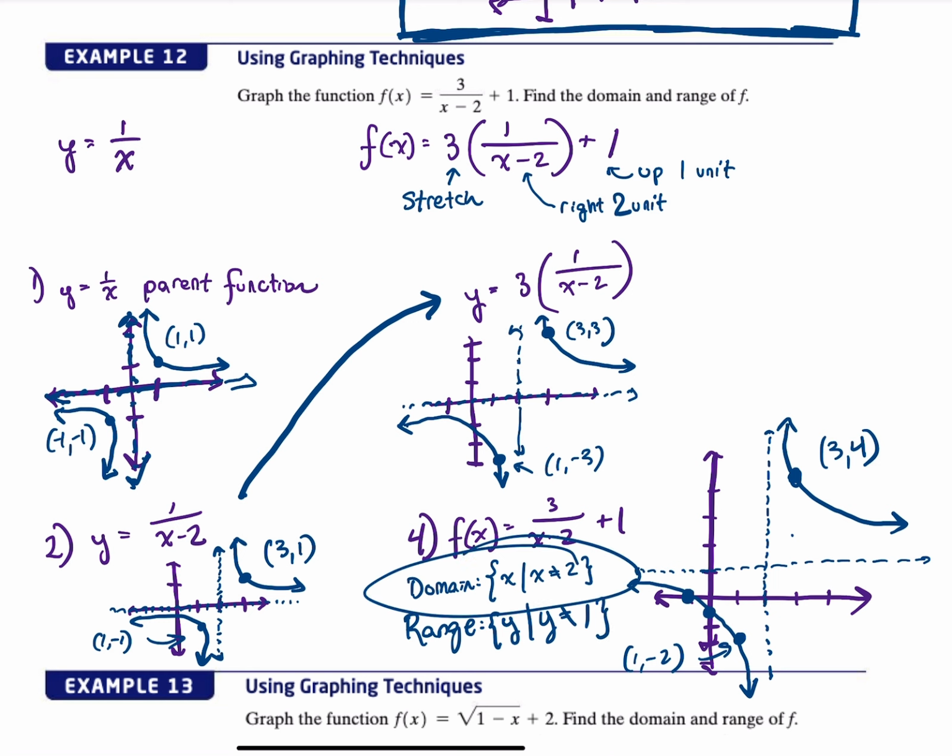And you can get this domain by thinking what will cause that denominator to equal 0. Well, if x equals positive 2, I would get 2 minus 2, so I'd have to divide by 0. And then if you remember the rules of horizontal asymptotes, you can apply that here to see that y should not equal positive 1.